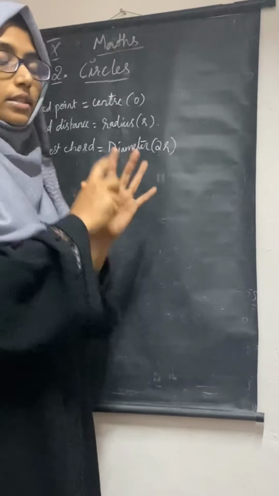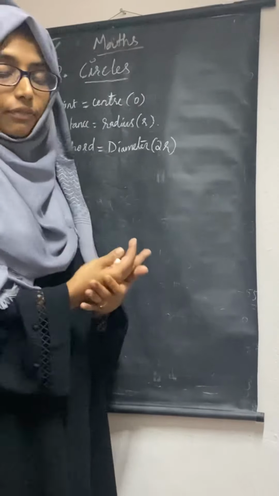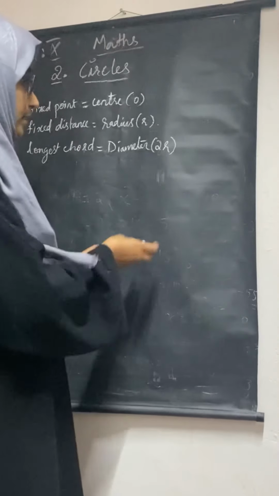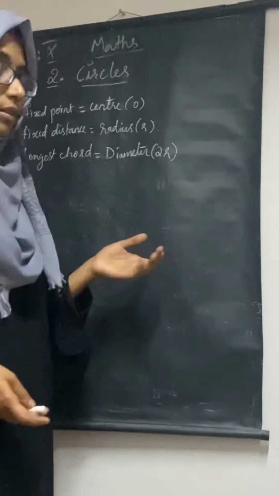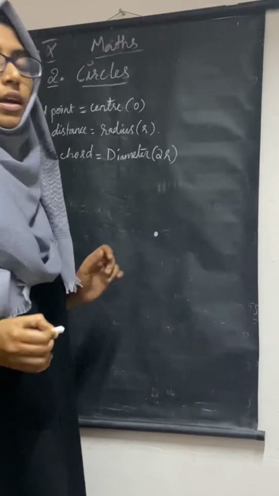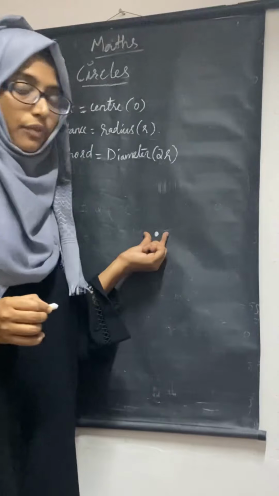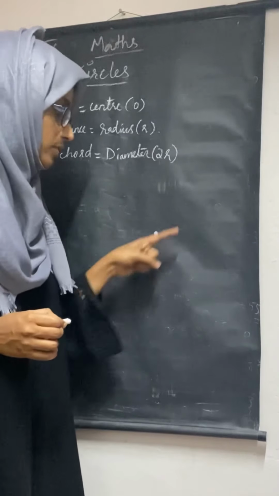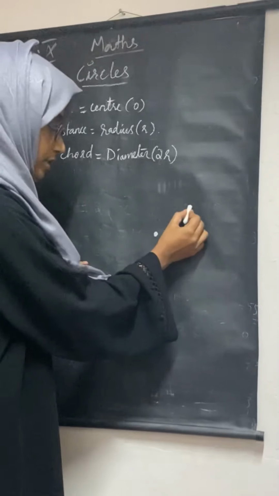A circle is round in shape. So how can we define a circle? We can define a circle by a fixed point. Around this fixed point there will be many points.